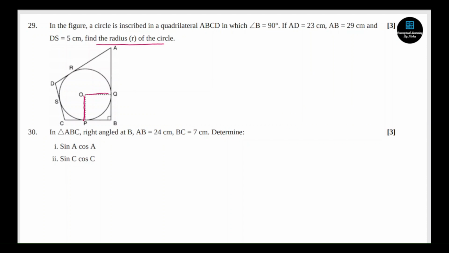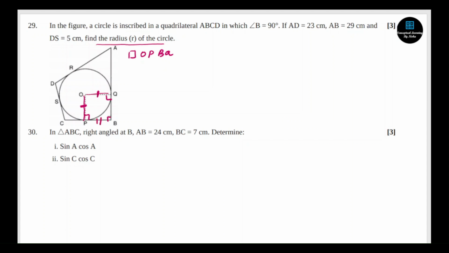Now first of all, if you think about quadrilateral OPBQ. So what is given here? See, this 90 degree is already given to you. Here these are tangents because the circle is inscribed in the quadrilateral. So that means these are 90 degree. Now here OP and OQ are radii, so they are same.